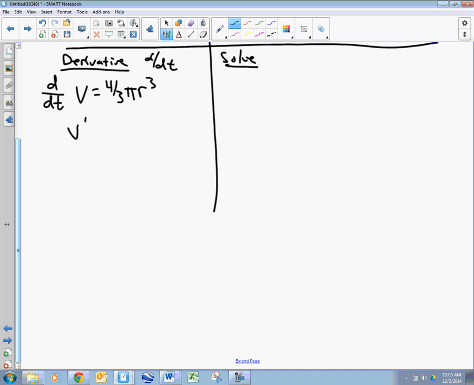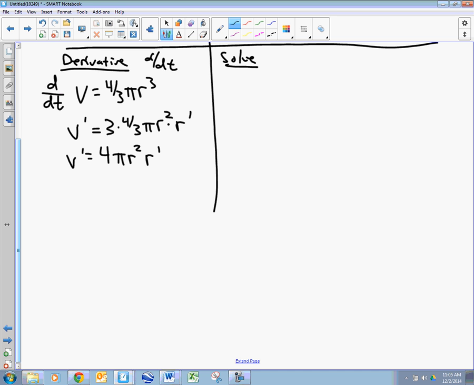So you get v prime. The derivative of r to the third is 3r squared. So you multiply 3 out front, and then you have to attach an r prime. So you get v prime is equal to 4 pi r squared r prime.